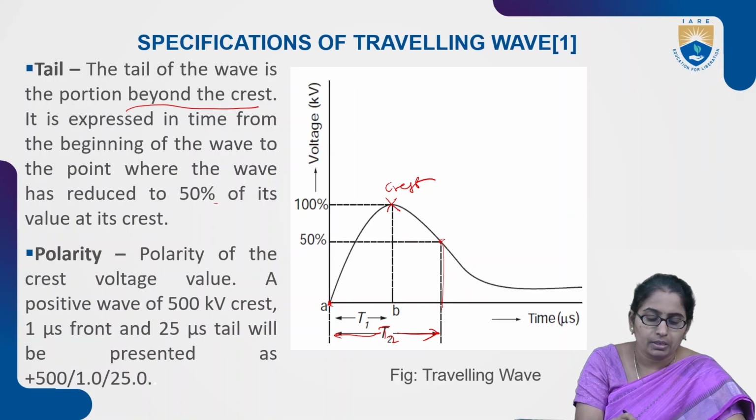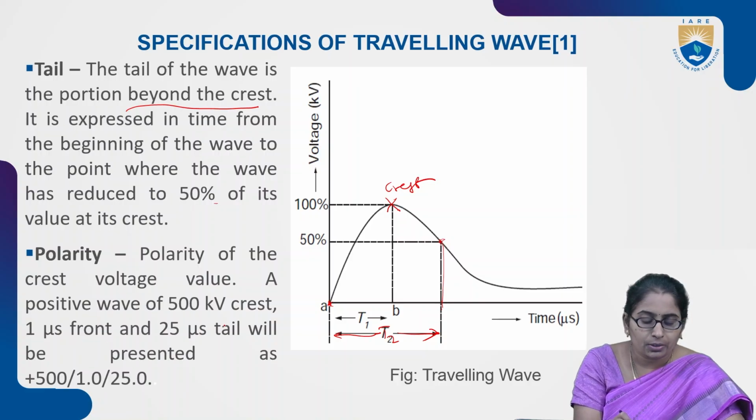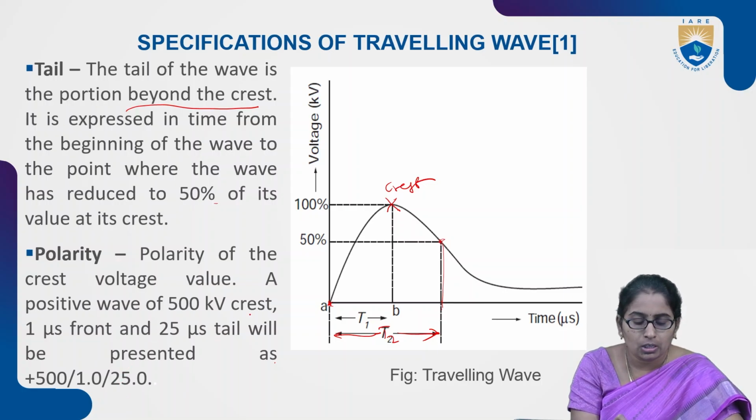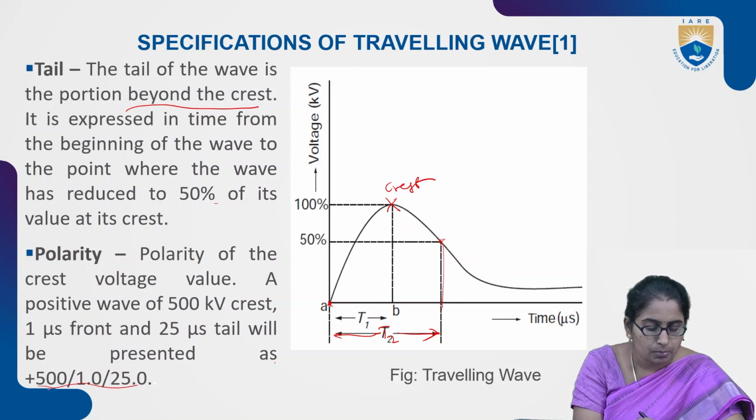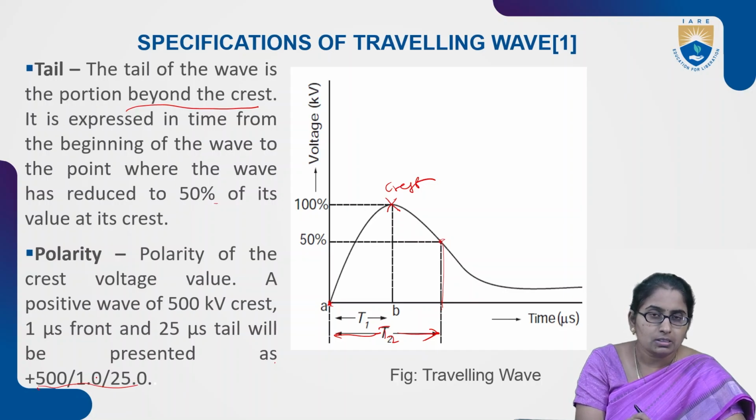For example, a positive wave of 500 kilovolts crest, 1 microsecond front, 25 microsecond tail will be represented as plus 500 slash 1 slash 25.